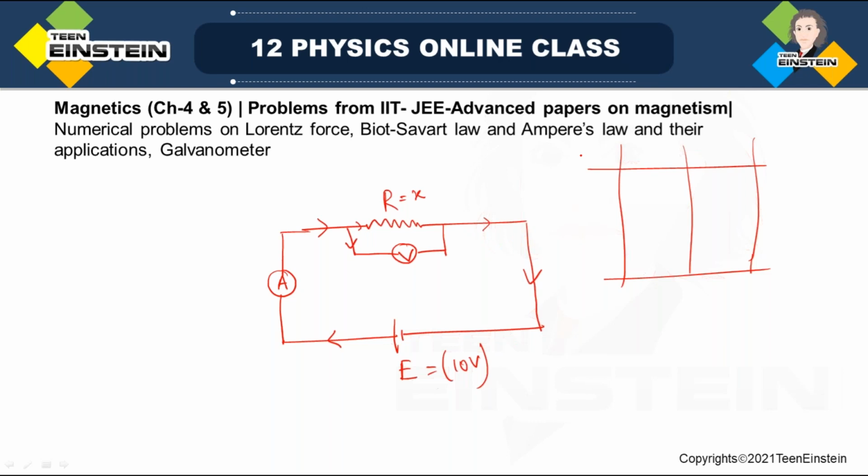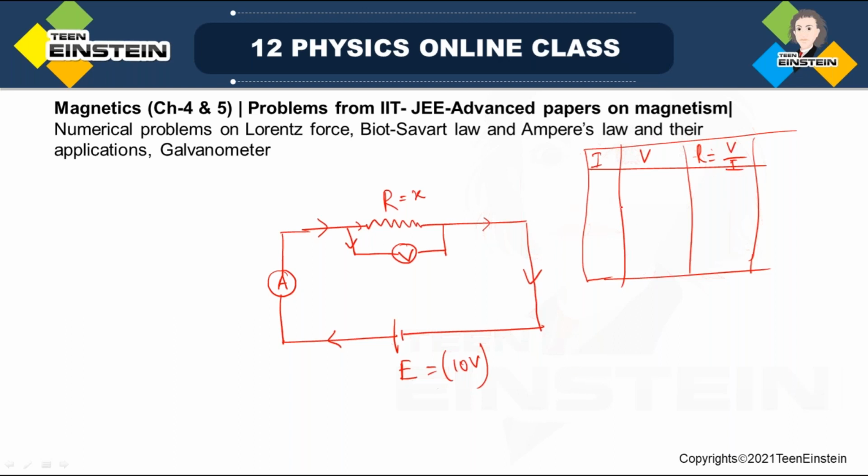That means if you somehow change the current, this is current, this is voltage across this unknown resistance, and the resistance will be V by I.